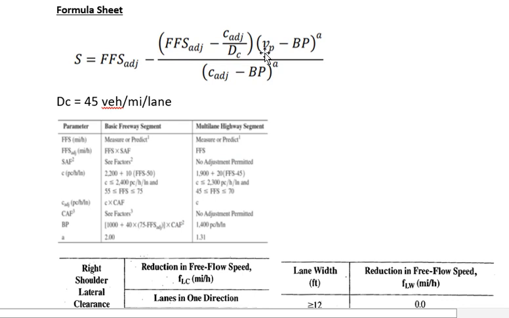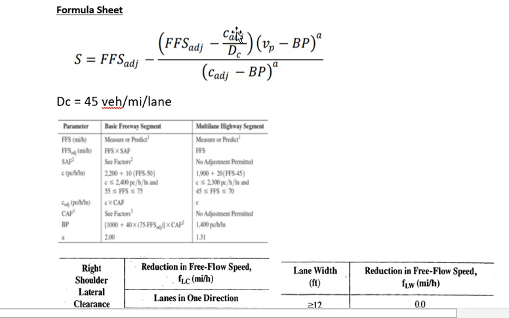Okay, I already know everything, and like I said earlier, there are no adjustments. So I know free flow speed, I know capacity, I know breakpoint. I need the value of A, again I will take it from this table. So I need to just assume 2 or 3 values of Vp, which should be between breakpoint and capacity.